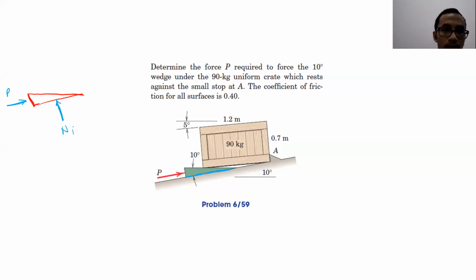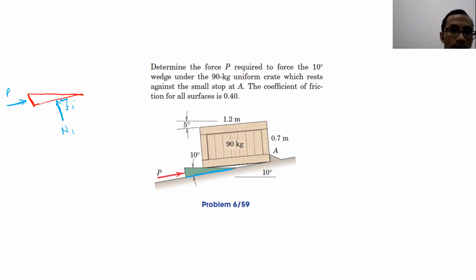And how about the friction force? To the left, sir. To the left and parallel to the surface, right? Yes. Okay. To the left and parallel to the surface. F1.